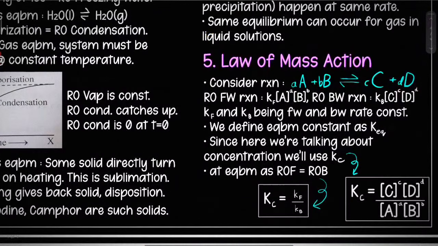Basically, here we have considered a reversible reaction: a moles of A with b moles of B gives c moles of C and d moles of D. I have used small letters to denote the stoichiometric coefficients. And you must know a little chemical kinetics here, that the rate of the forward reaction is the rate constant of the forward reaction, and keep in mind that this is a small k, so small k forward, into the concentration of the first reactant raised to its stoichiometric coefficient, multiplied by the second reactant expressed the same way.